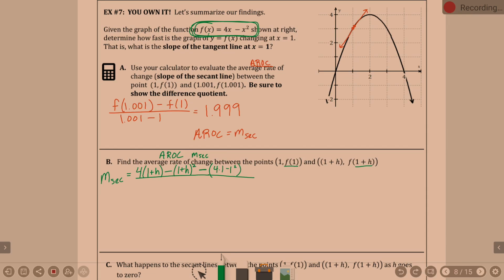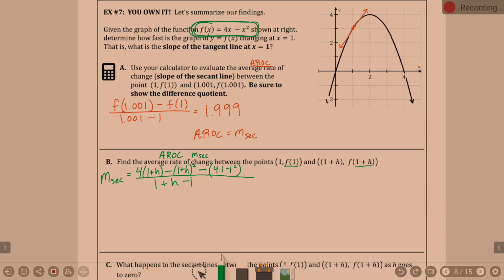Notice I put minus and I put the whole thing in one big parenthesis because it's going to be minus whatever that value is. The denominator? 1 plus h minus 1. Are you guys okay with everything I just did? Ask if not.